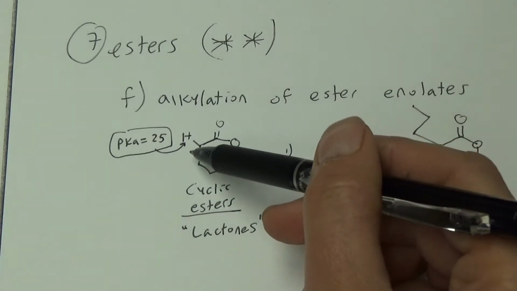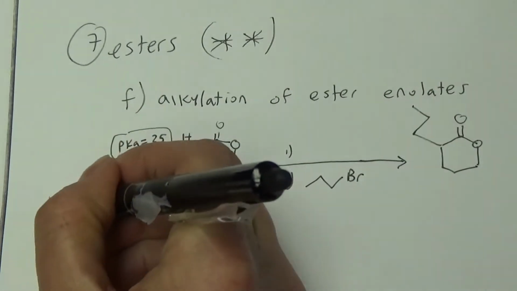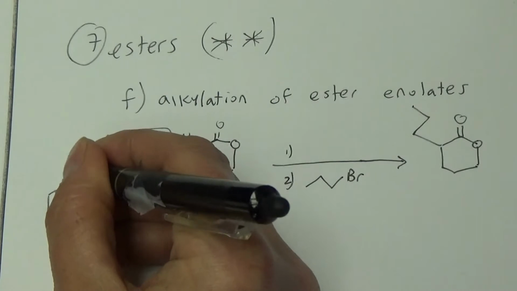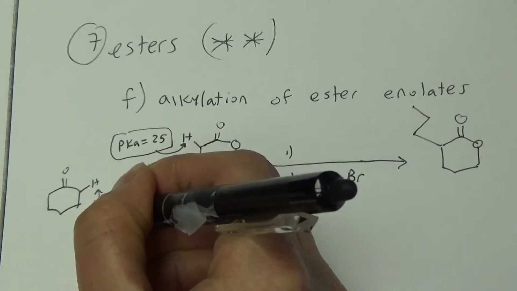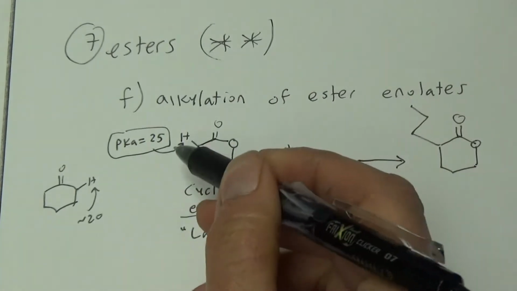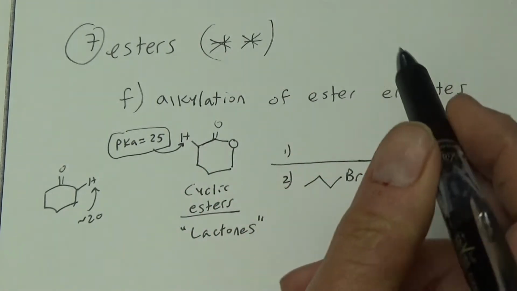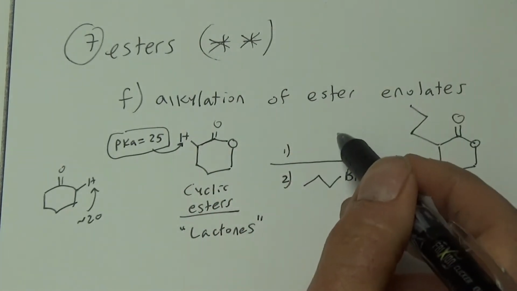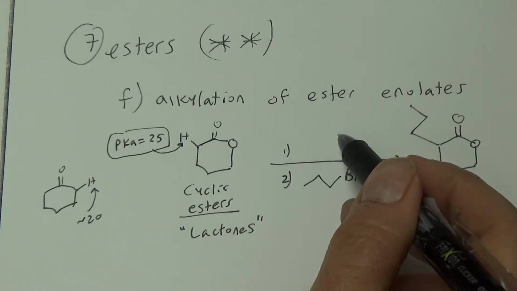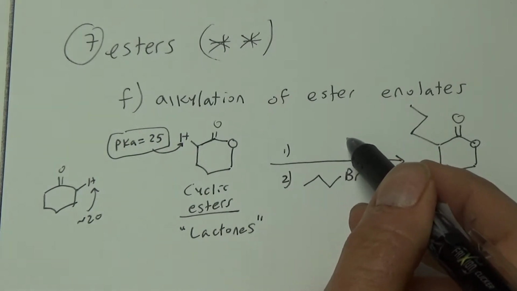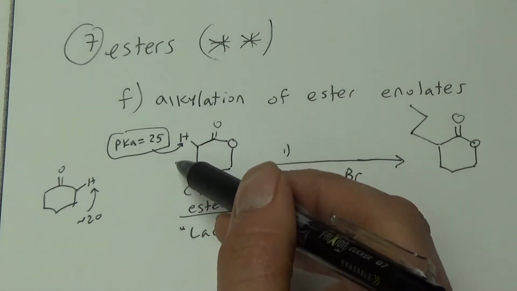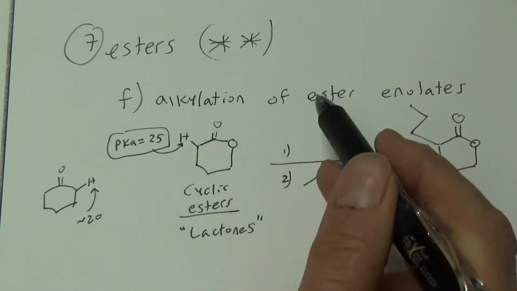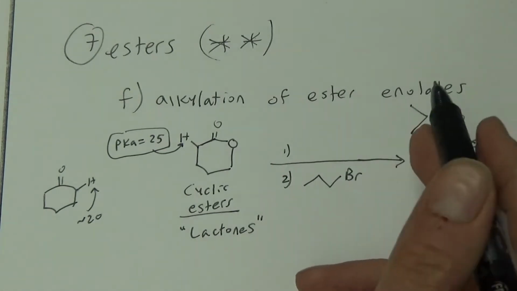What's a ketone? A ketone's roughly about 20. So this is just a little less acidic, but we do have a pretty universal superbase that will take off a proton, almost anything under 30, and that's LDA, right? LDA is one of our super bases.